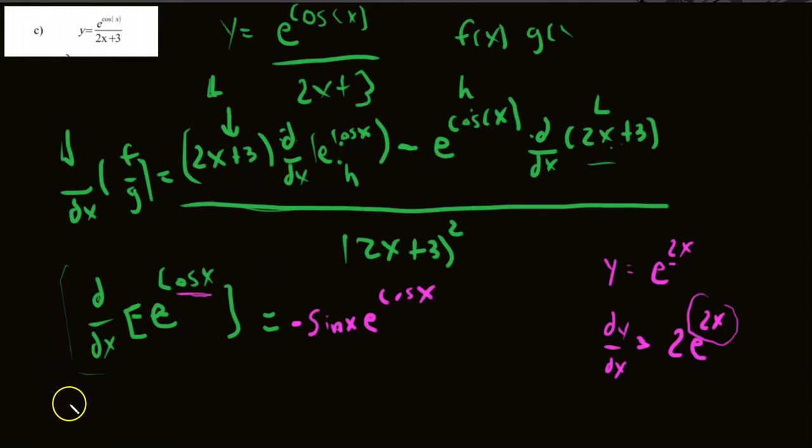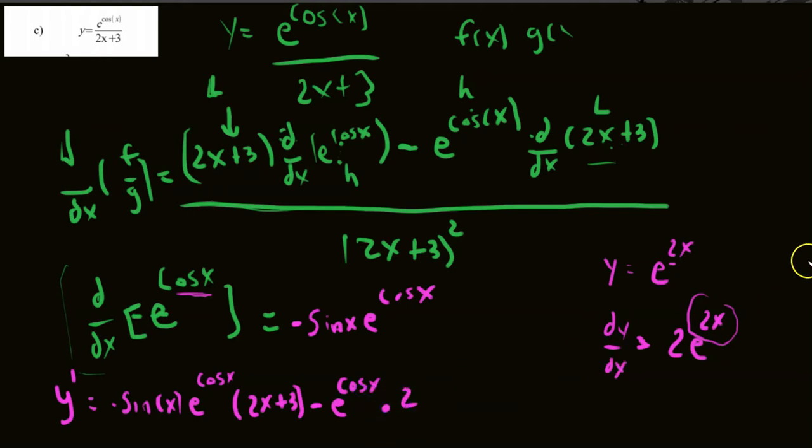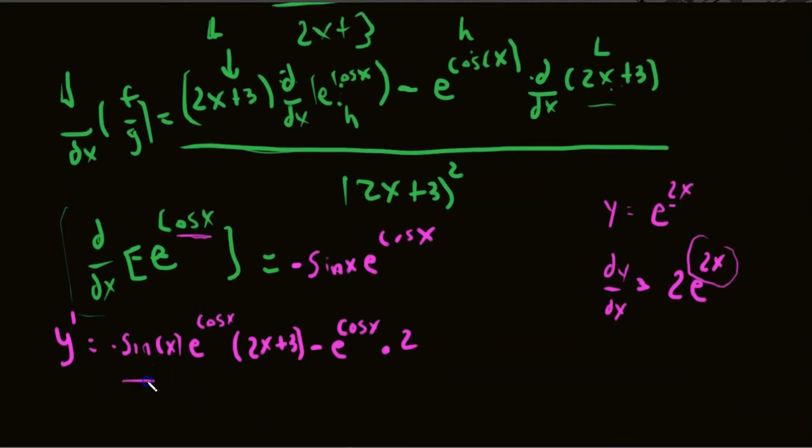So our final expression, I'll go back to y prime notation, is equal to negative sine x e to the power of cosine x multiplied by the original function minus e to the power of cosine x multiplied by 2, all over the bottom squared, 2x plus 3 squared. Not much you could do with this. This should be your final answer.